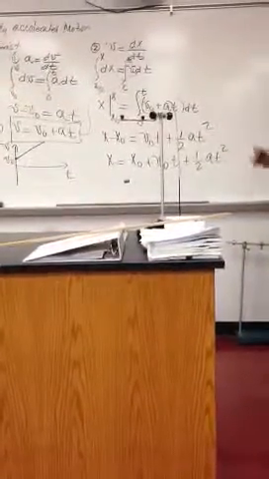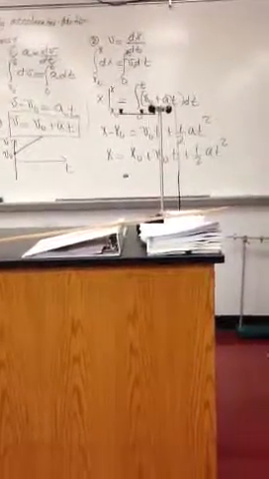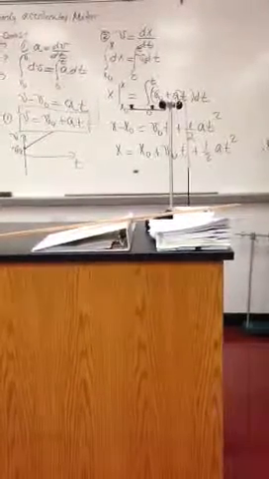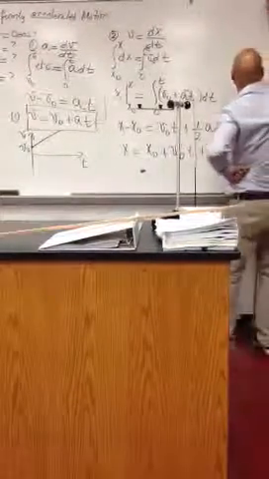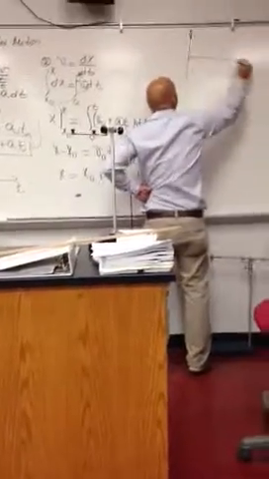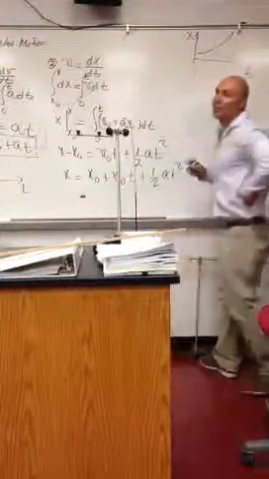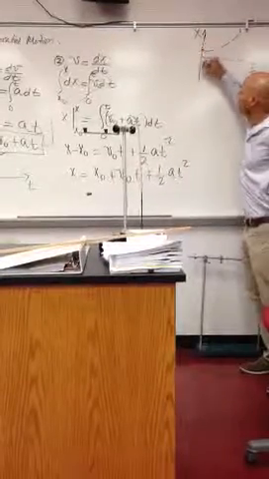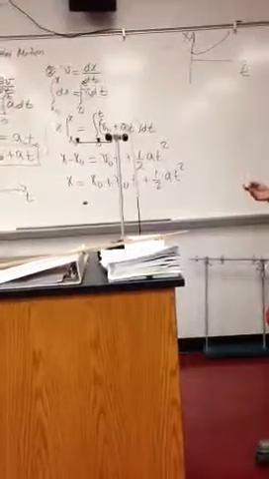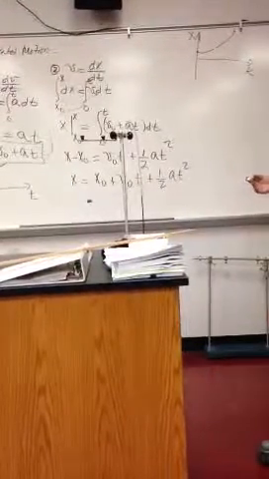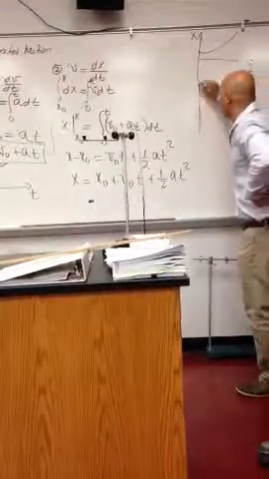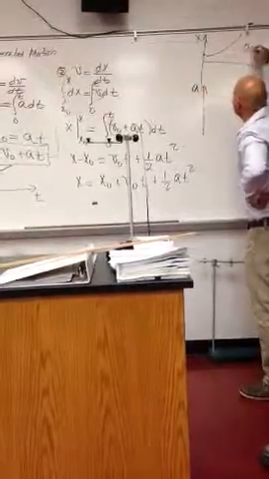If the acceleration is positive, how will this graph look? If it's positive, x versus t will be a parabola like this if we start from this position. If we start from this position, it will be like this. But if the acceleration is negative, how will the graph x versus t look? Concave downward.